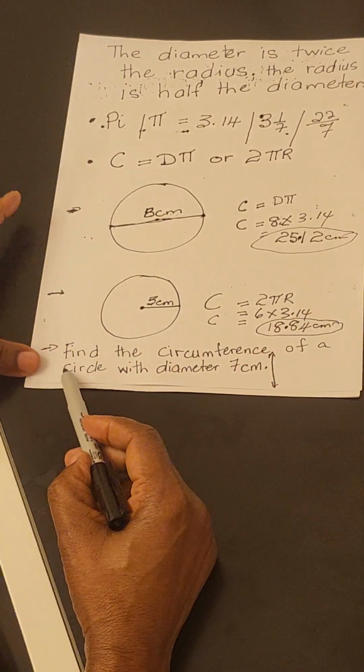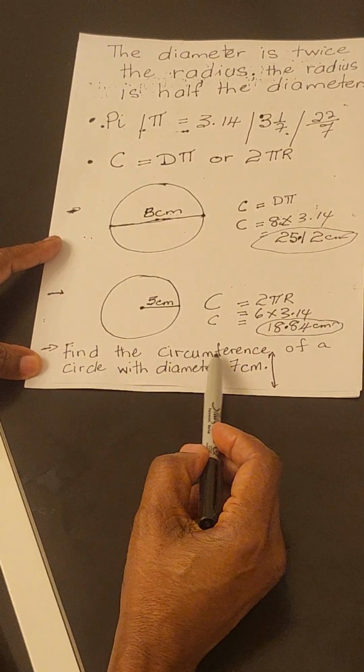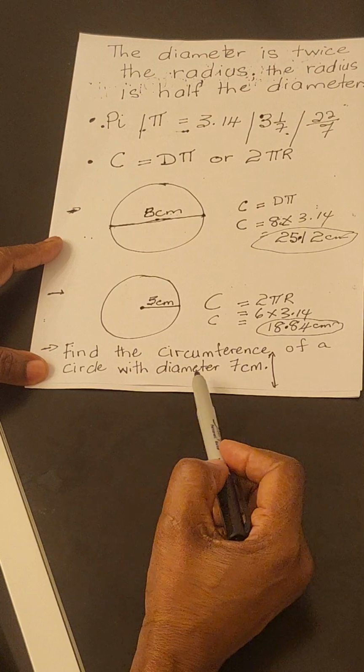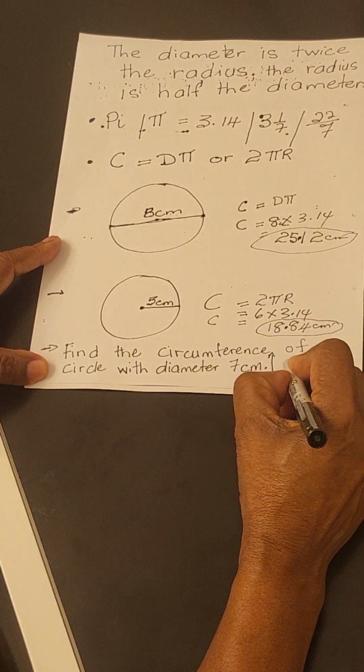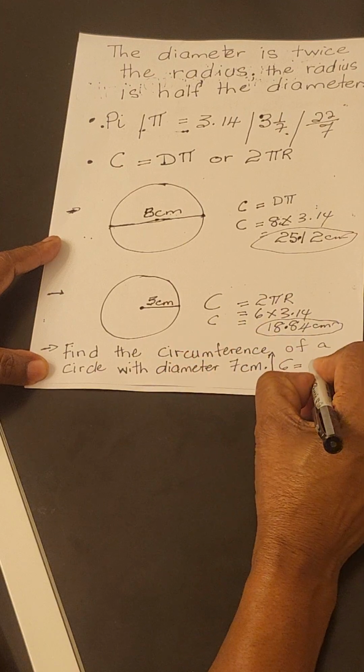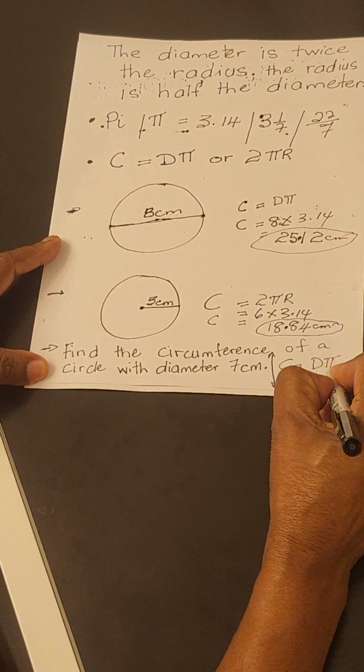Now look at this one. We are going to find the circumference of a circle with a diameter of 7 centimeters. Remember, circumference is equal to diameter times pi.